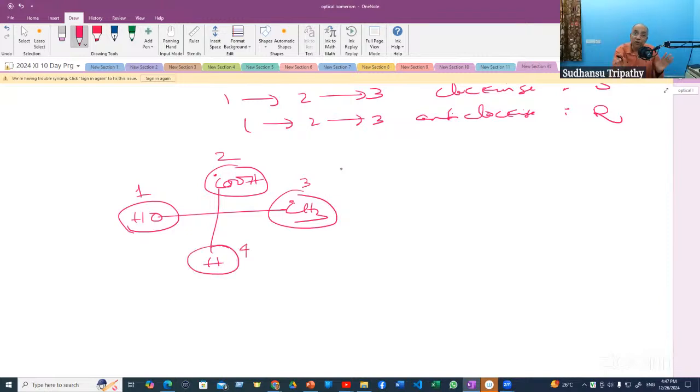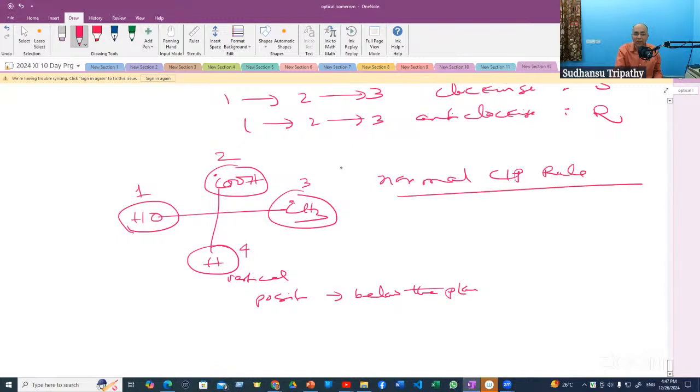And this 4, fortunately, in this particular Fisher formula is lying below the plane. Vertical position means below the plane, then you are lucky. Normal CIP rule you will apply.